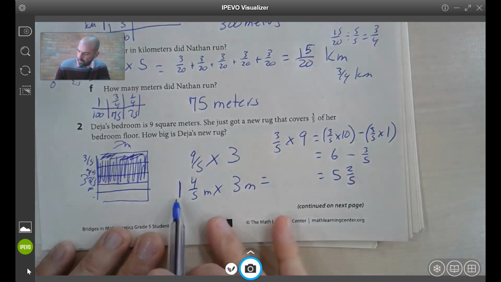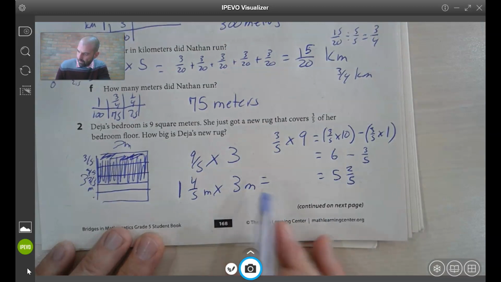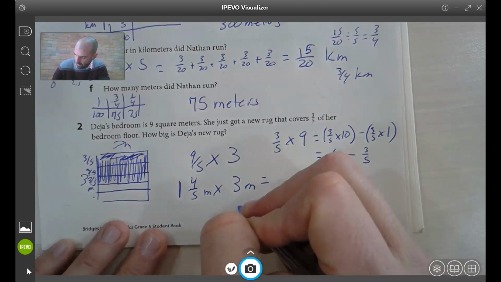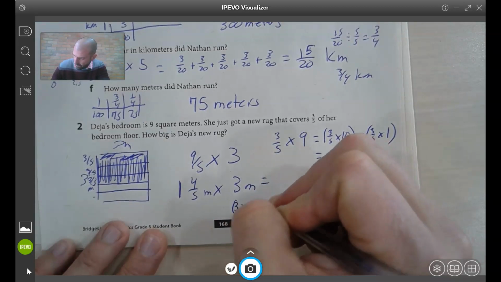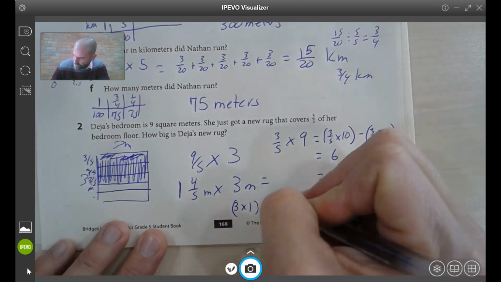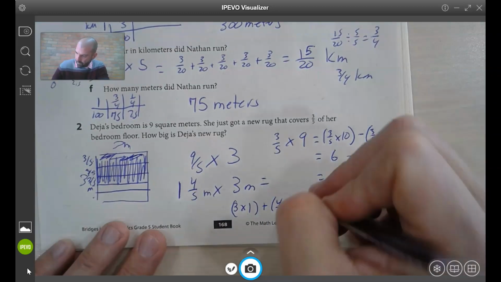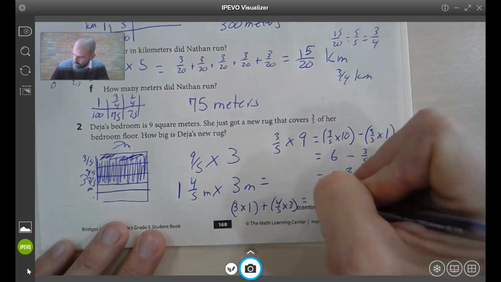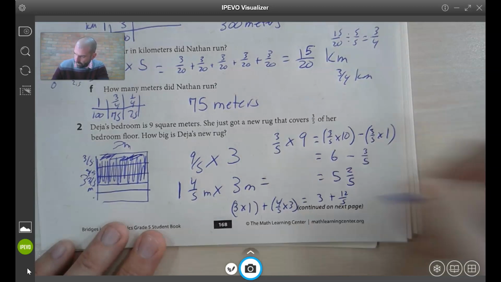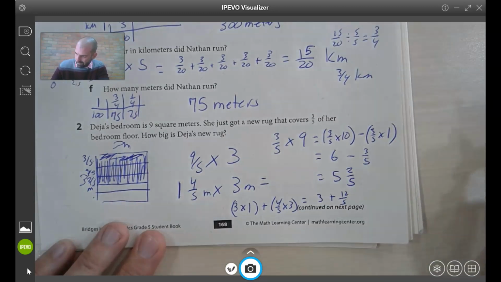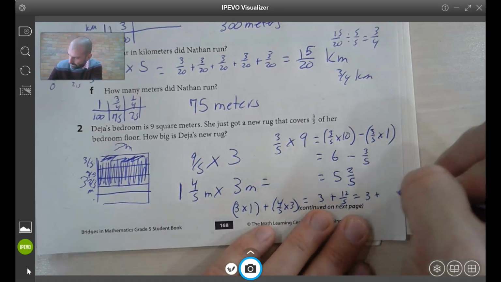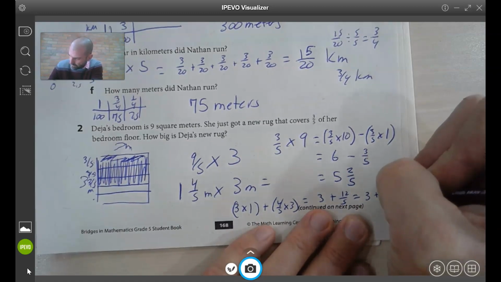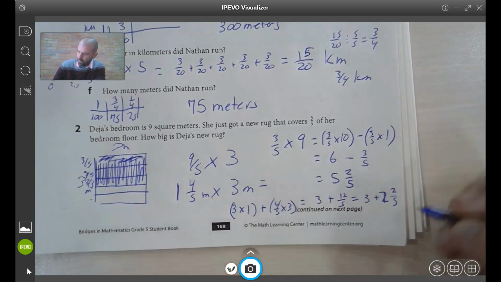Let's check this. So this is 1 4/5 meters by 3 meters, which we could say is the same as 3 times 1 plus 4/5 times 3, which equals 3 plus 12/5, which isn't great, which is equal to 3 plus 2 and 2/5, which is 5 and 2/5.